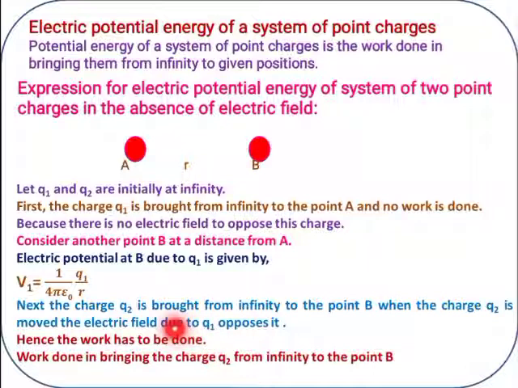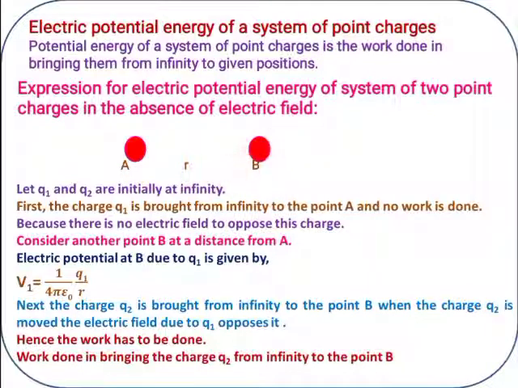Why? Because the area surrounding this charge is called the electric field. This area is completely occupied by the electric field. Due to this charge, the electric field is present here. If I bring one more charge and fix it at B, definitely there is work done.